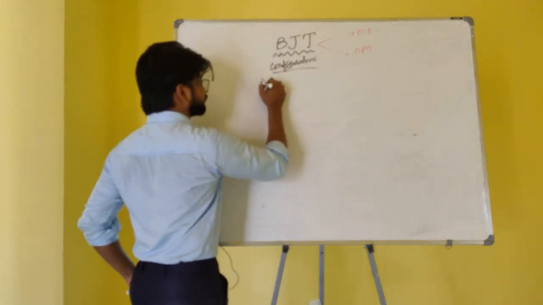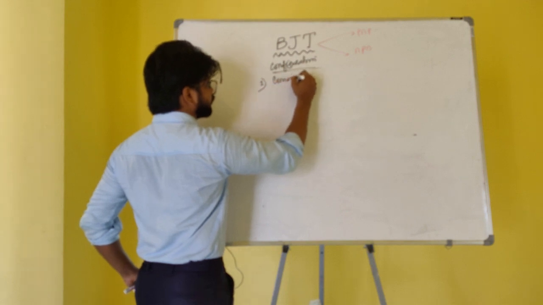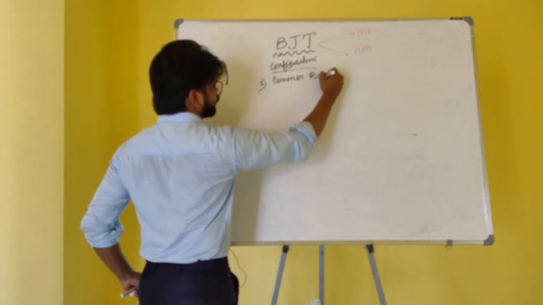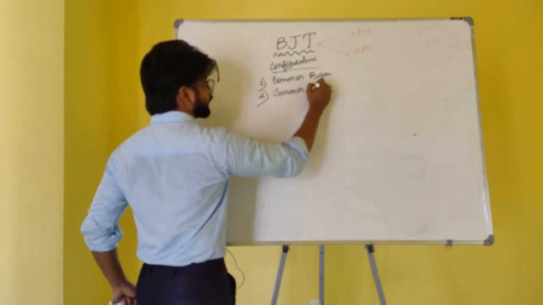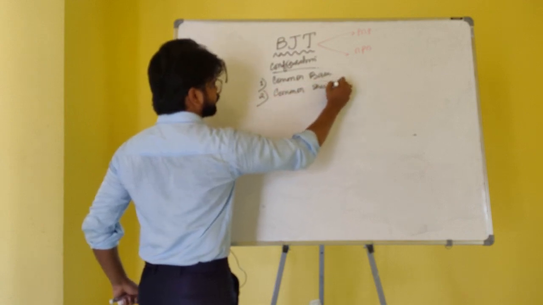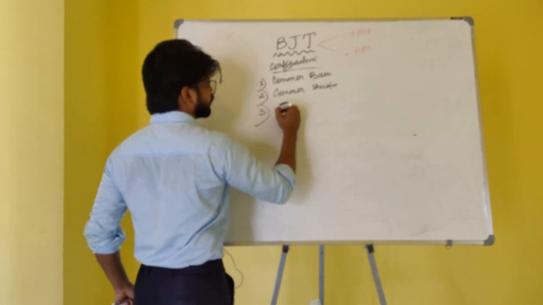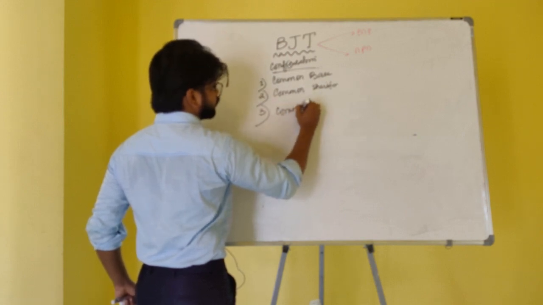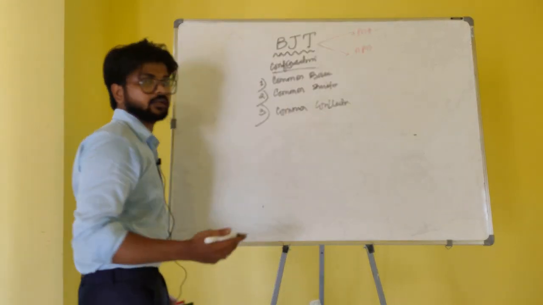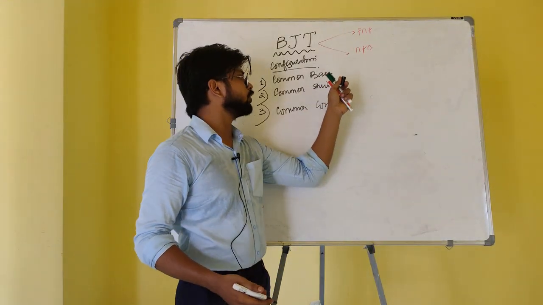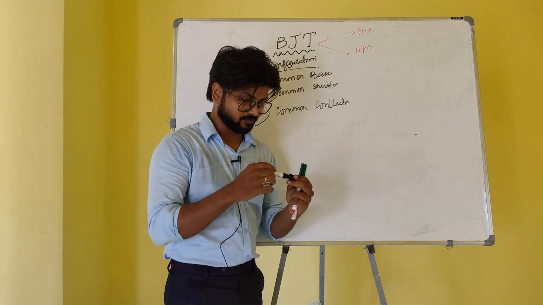The first one is common base configuration. The second one is common emitter configuration, and the third one is common collector. So now you have a question in mind: what is base, what is emitter, what is collector?